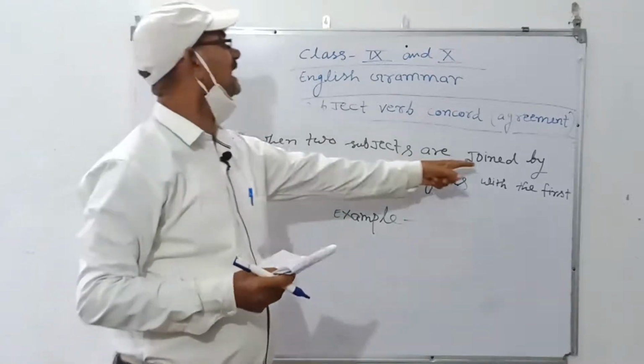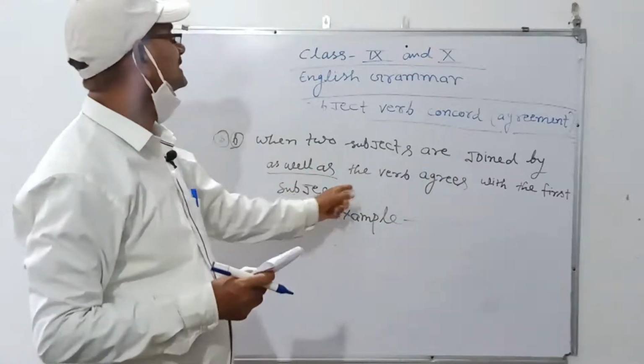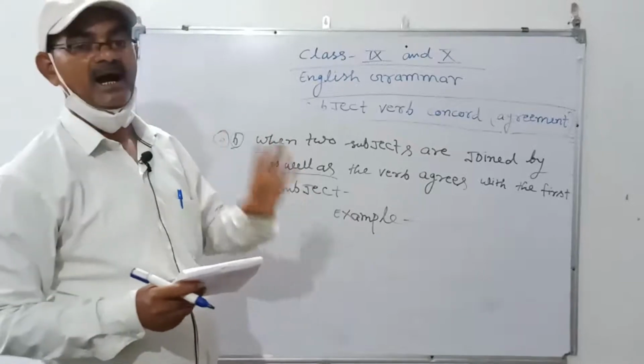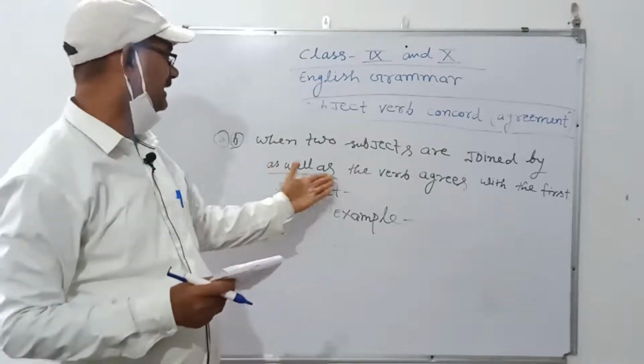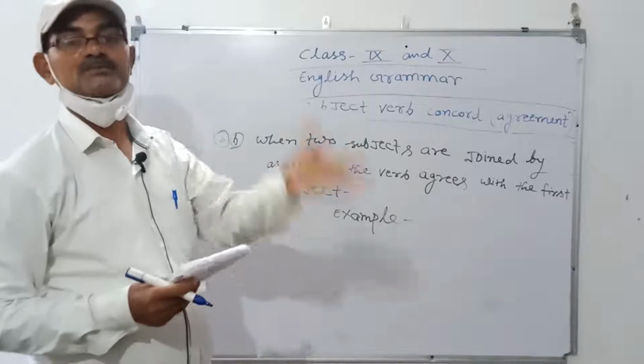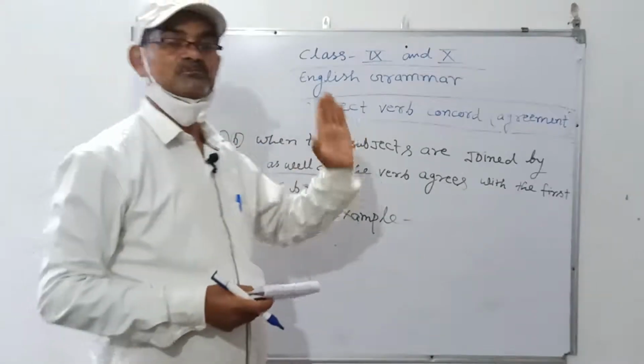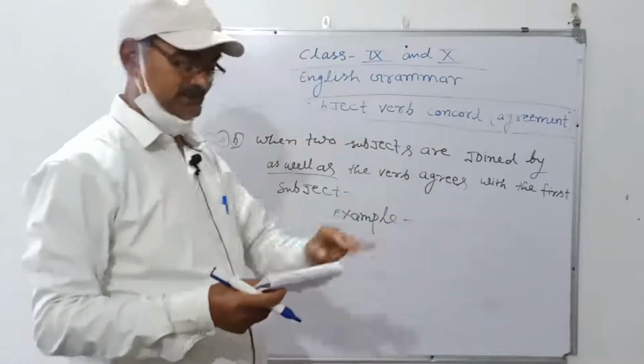When two subjects are joined by as well as, the verb agrees with the first subject. If two subjects are joined with the help of as well as, the verb agrees with the first subject. The verb doesn't agree with the second subject.